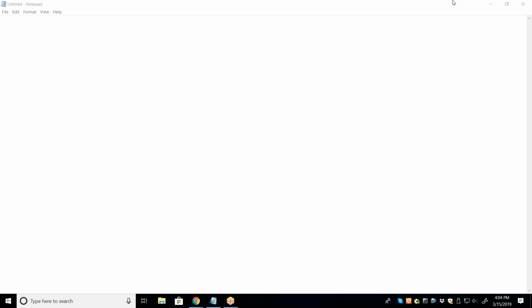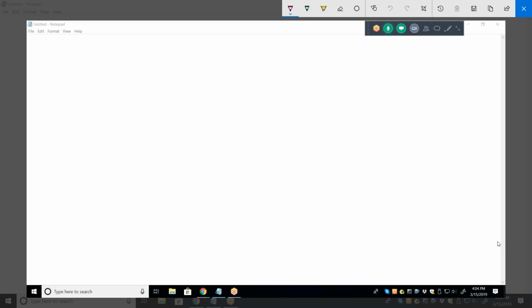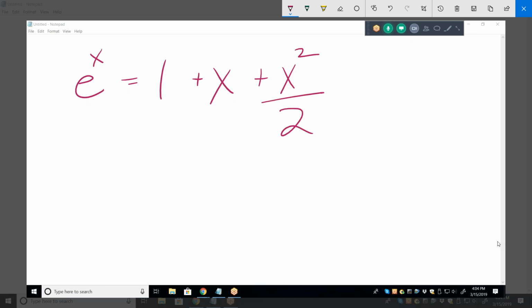Yeah. The purpose is to take simple functions like e to the x and see if you can write it as a polynomial. And it turns out that you can. If I create it as an infinite series, it turns out that this infinite series, dot, dot, dot, equals e to the x exactly.